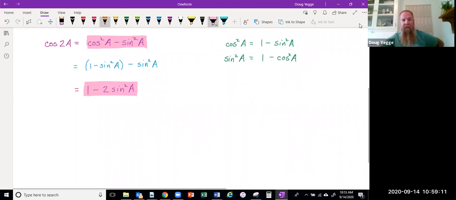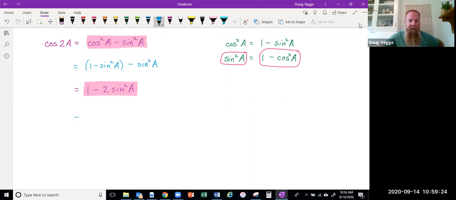And likewise, we're going to be able to go over here and replace sine squared a with 1 minus cosine squared a. So we could do that same thing, going back up to the top. And we could keep the cosine squared a where it is. But now we say minus what sine squared a is, which is 1 minus cosine squared a.